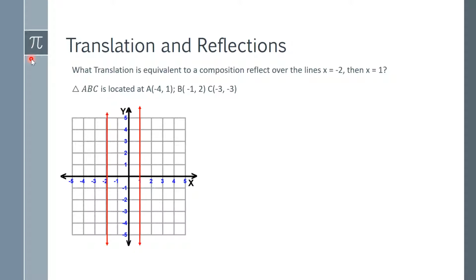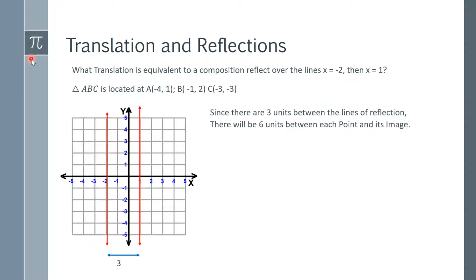We're just going to look at the lines of reflection here. And we're going to use that rule that we learned, which says that those are 3 units apart. So since there are 3 units between the lines of reflections, that's the important thing here. How far would it be between the pre-image point and the final image point? Well, that's going to be 6 units.